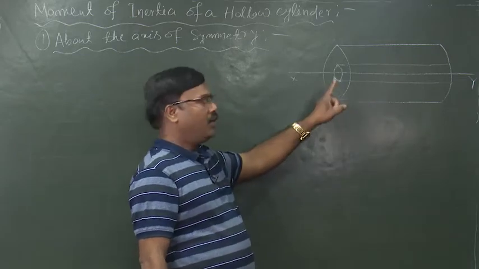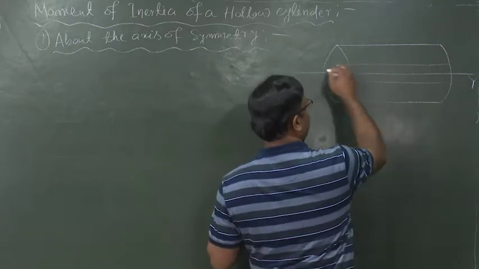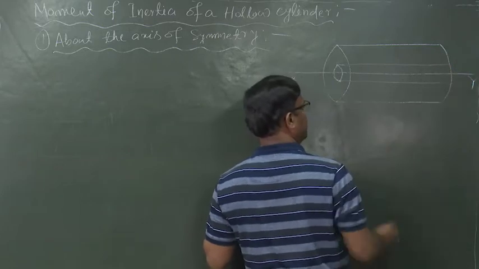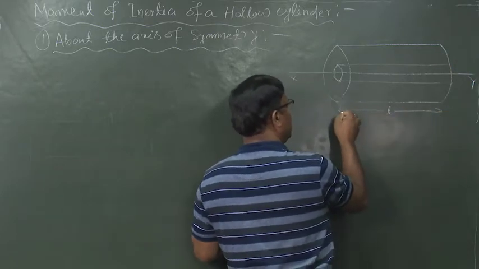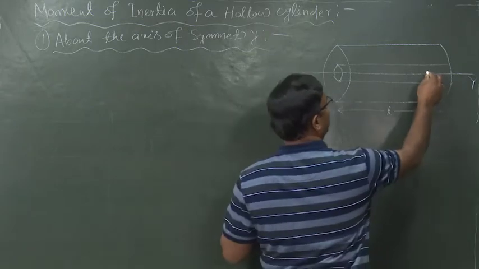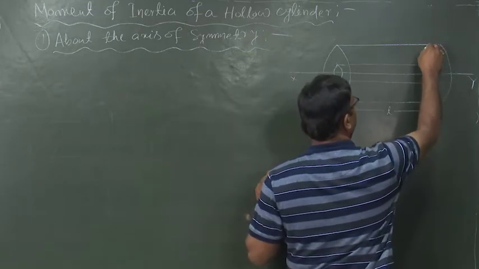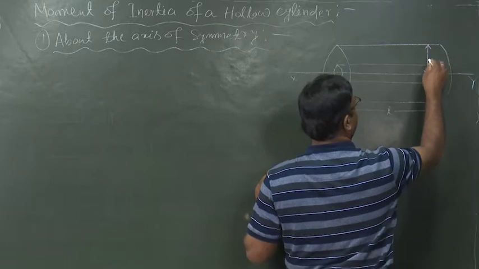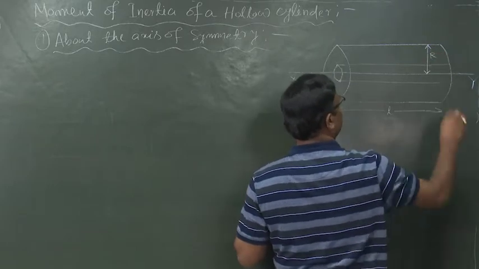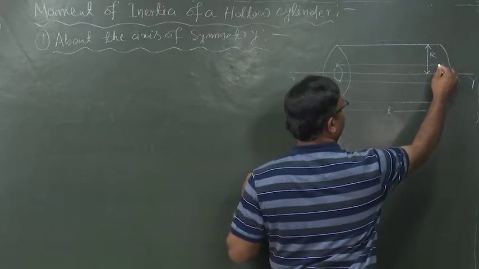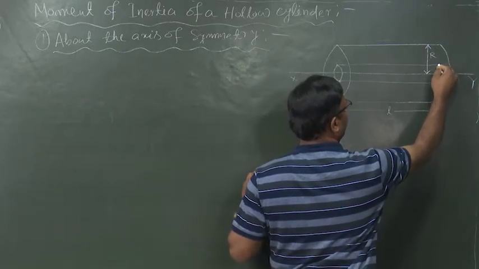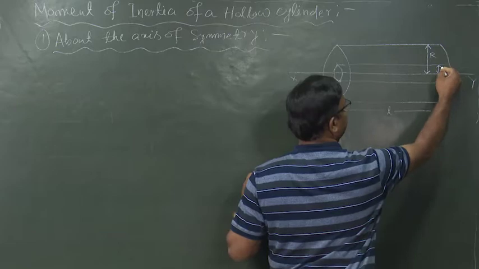This is a hollow cylinder and XY is the axis of symmetry. Here L is the length of the cylinder, and here we have taken this one as the external radius, which is equal to R, and this is the internal radius, which is smaller.